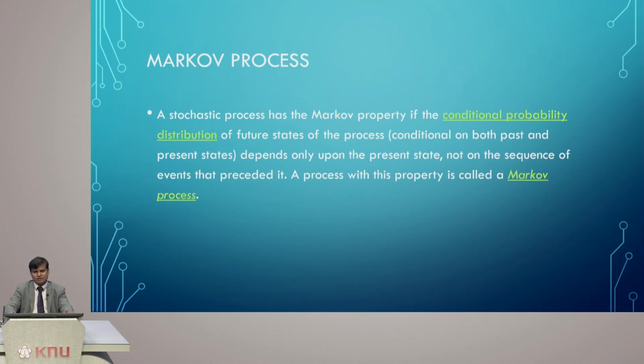So this process is called a Markov process. So we can fully understand that they don't have memory, they don't care about the past historic information. All it needs is the present state, and based on the present state we can predict the future states.